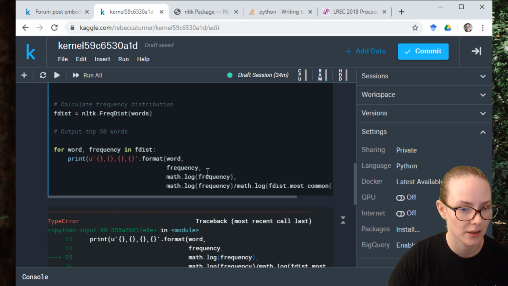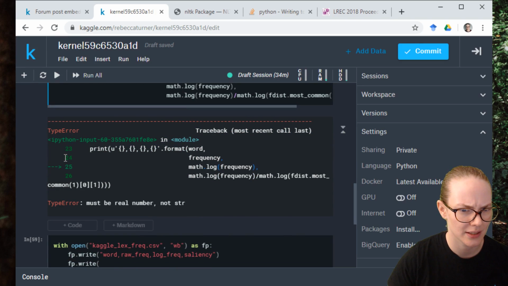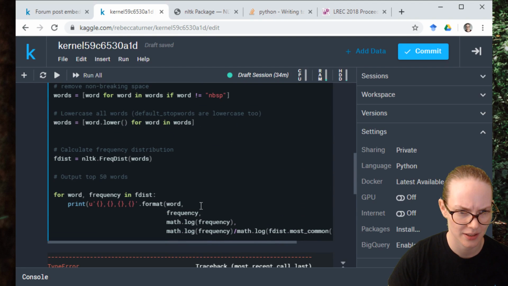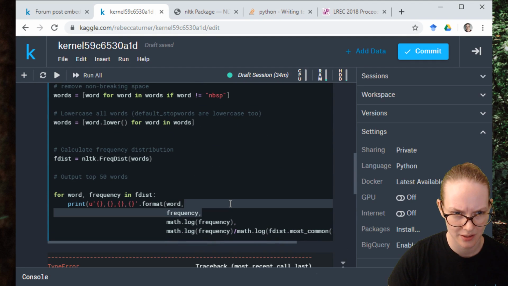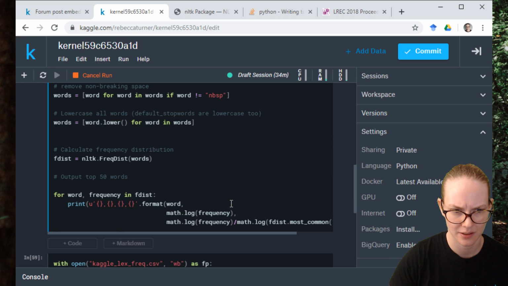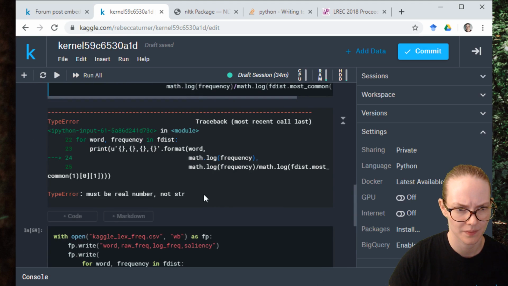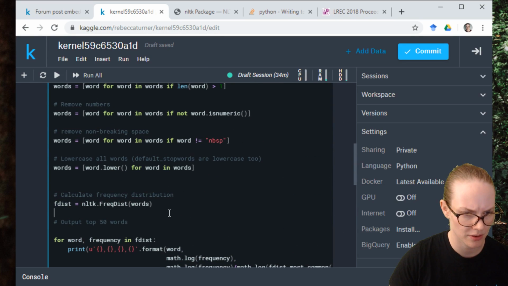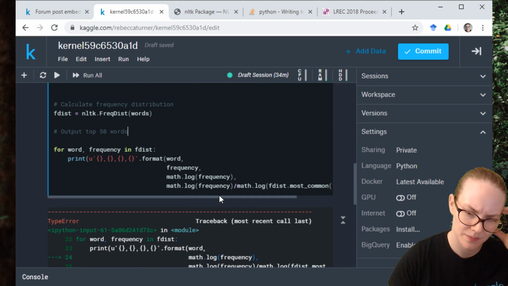What? What? Math.log frequency. Must be real number, not string. Where frequency.